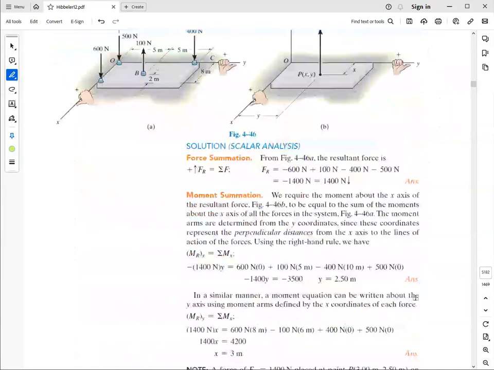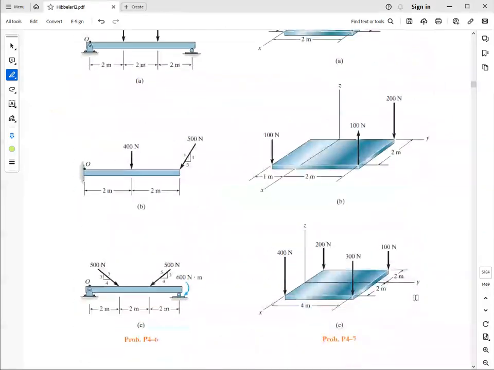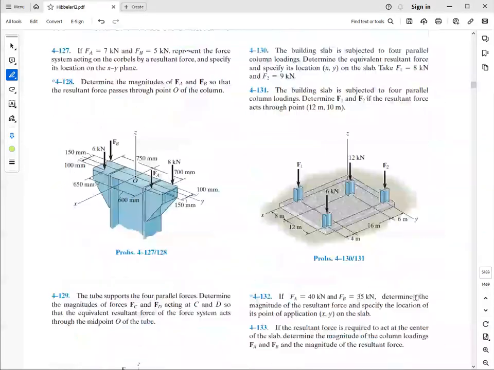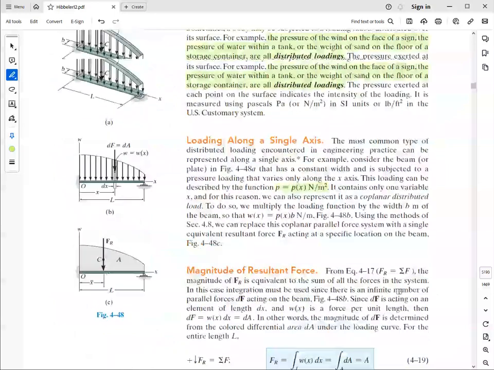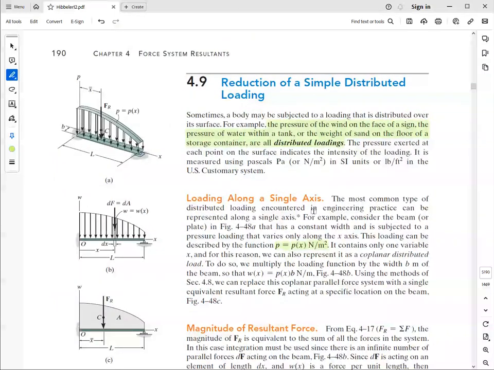Okay, and then there is a section we discussed on parallel forces, so reduction of simplified distributed loads. Again, this could be fluid pressure, air or water acting upon the rudder of a boat, or air pressure acting upon the wing of an aircraft, or some control surface.